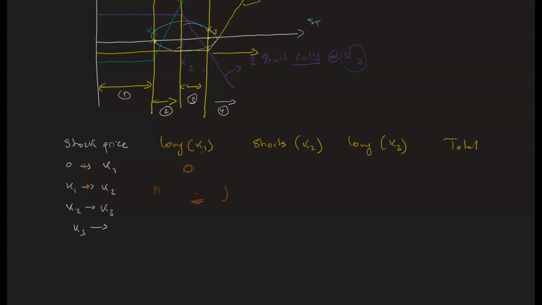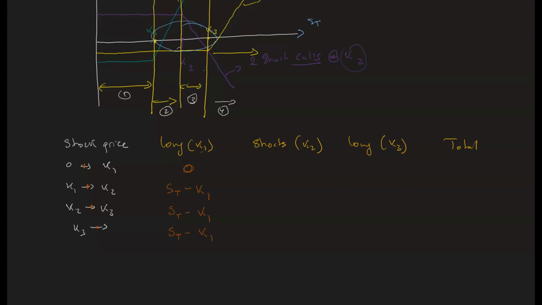So the payoff here is going to be the stock price, ST minus K1. Now, if the stock price is between K2 and K3, it is also above the strike price of K1, so the payoff is going to be the same: stock price minus K1. And if the stock price is above K3, same process, we're going to have stock price minus K1. So we are done with our first long call.